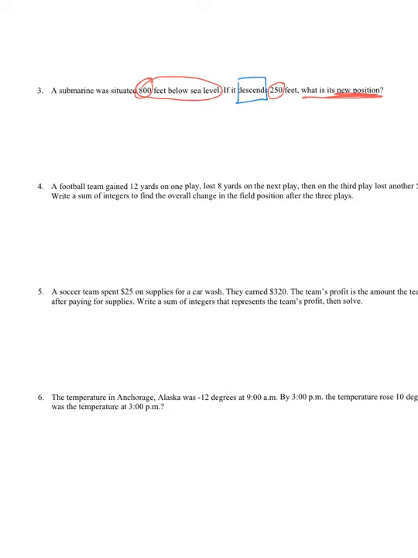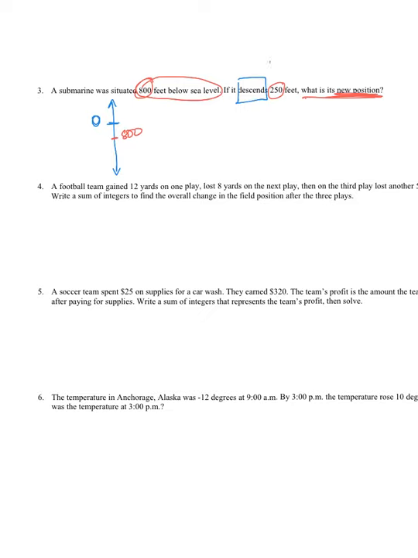All right, so I'm going to draw a number line. So 800 feet below sea level. This is my 0, sea level, and this is my negative 800, and it's going down 250 feet.